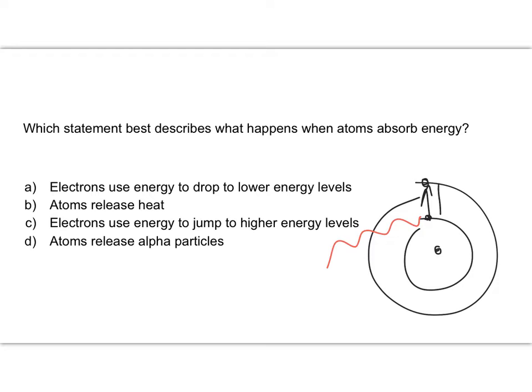And then when they came back down, they released that energy in the form of visible light. So the correct answer here is that electrons use energy to jump to higher energy levels. Answer C.